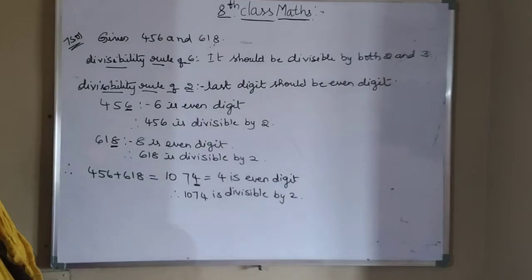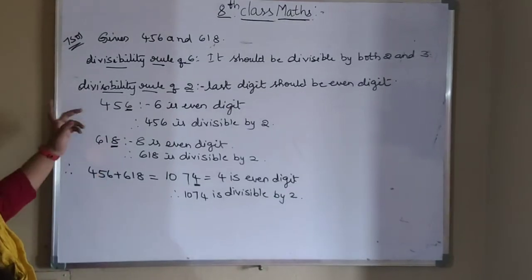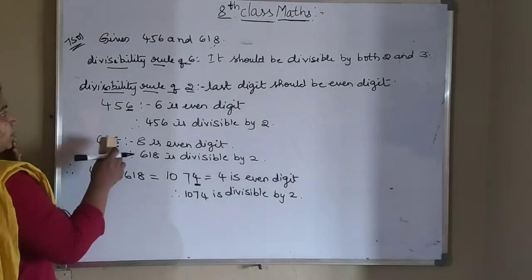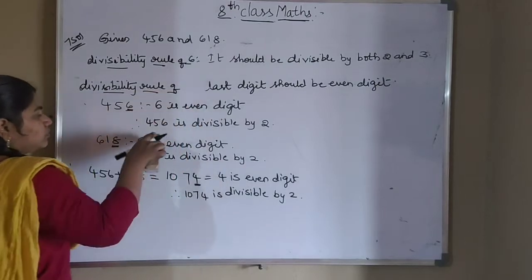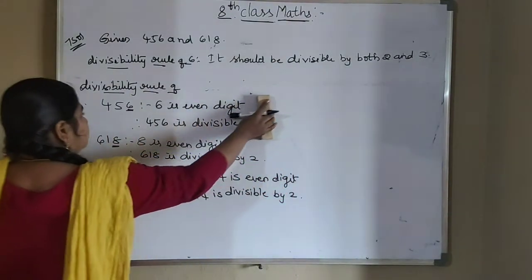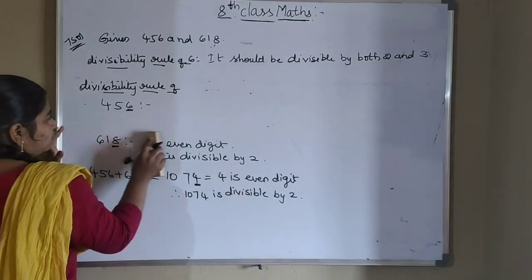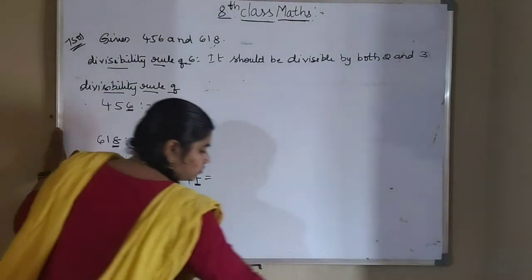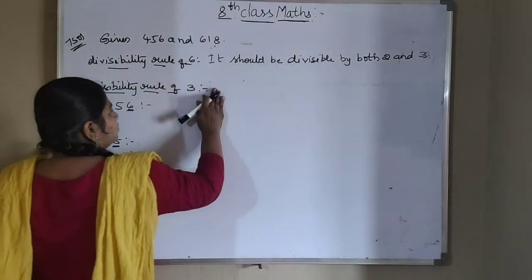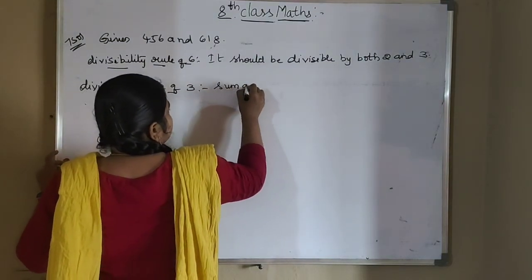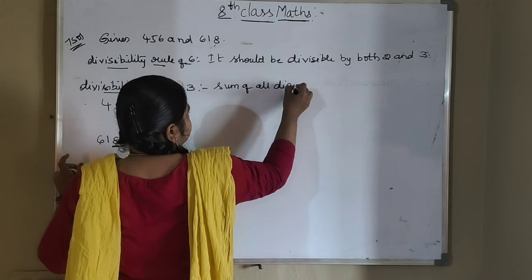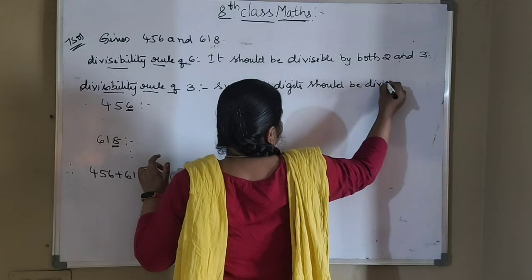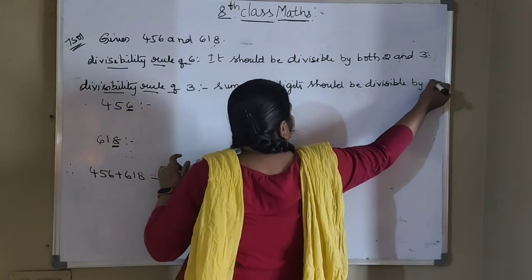So this is the divisibility rule of 2. Now we have to check for 3. What is the divisibility rule of 3? Sum of all digits. I am erasing this. What is the condition of 3? The sum of all digits should be divisible by 3.